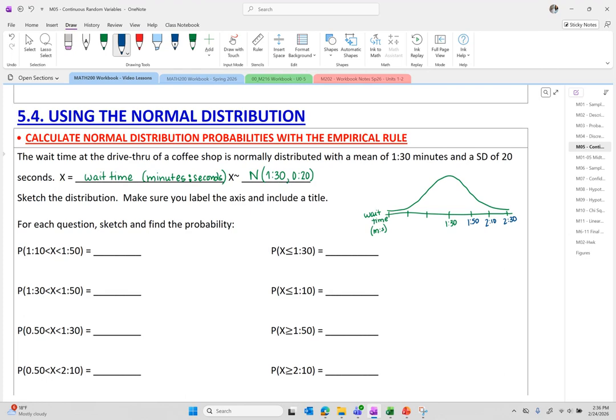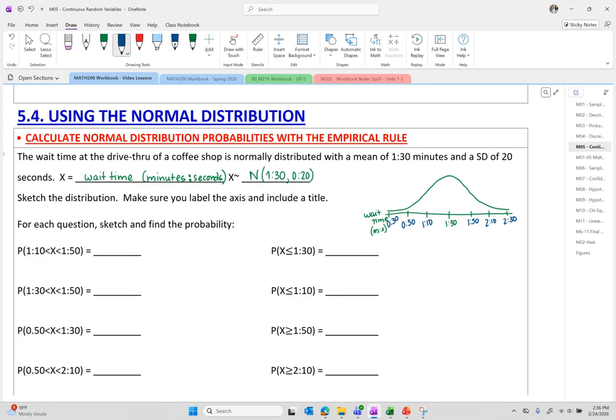Going to the left, we will be subtracting. So 1 minute 30 seconds minus 20 seconds is 1 minute 10 seconds, then 0 minutes 50 seconds, and 0 minutes 30 seconds, if we go by 20 seconds to the left.